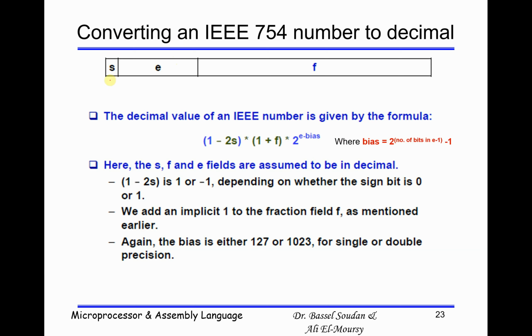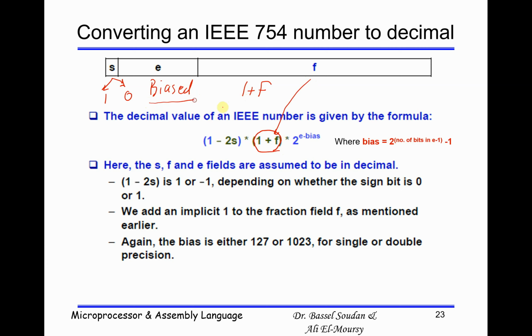I have s, which is 1 bit that could be either 0 or 1, the exponent which is biased, and the fractional mantissa that is missing a 1. In order to retrieve this number back, I can use this simple equation. I take the fraction and add 1 to it to return it to its original format.